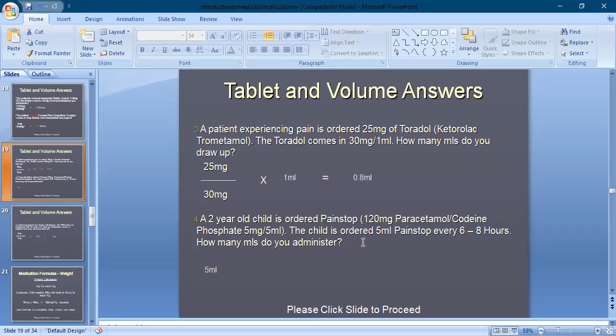How many ml dose do you administer? So if you use the same formula, the total order divided by the strength in hand multiplied by the volume, it will become 5 ml. Same formula, but you have to take this number, okay, and 5 ml. So it would become 5 ml.